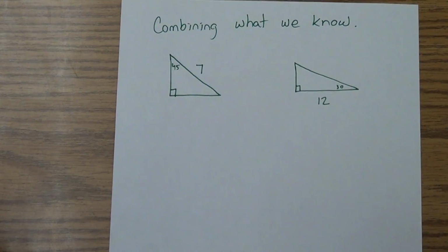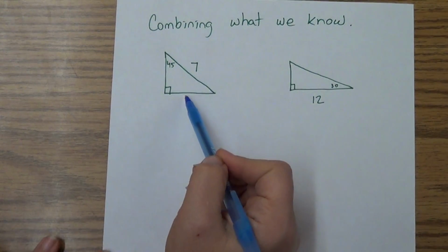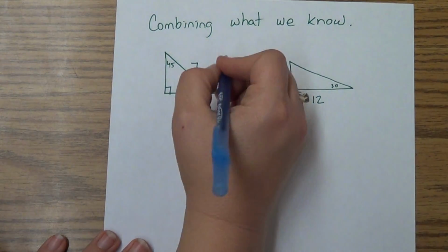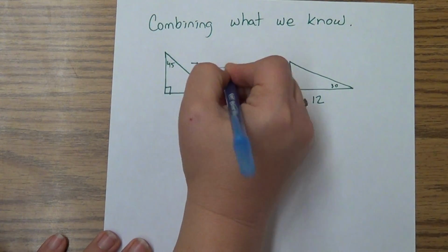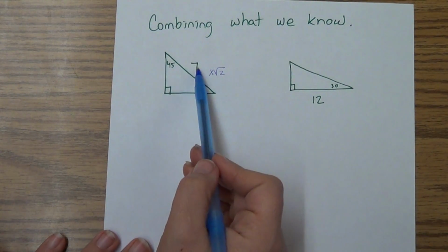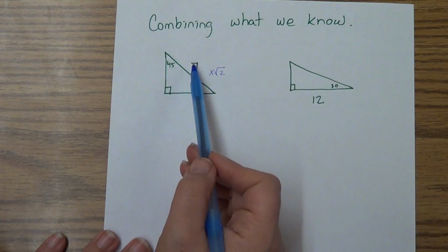All right, so let's combine what we know. So we have a 45, 45, 90 triangle here. We know that the hypotenuse should be x radical 2, but there's no radical 2 there. Well, that means that that radical 2 is already inside of there.